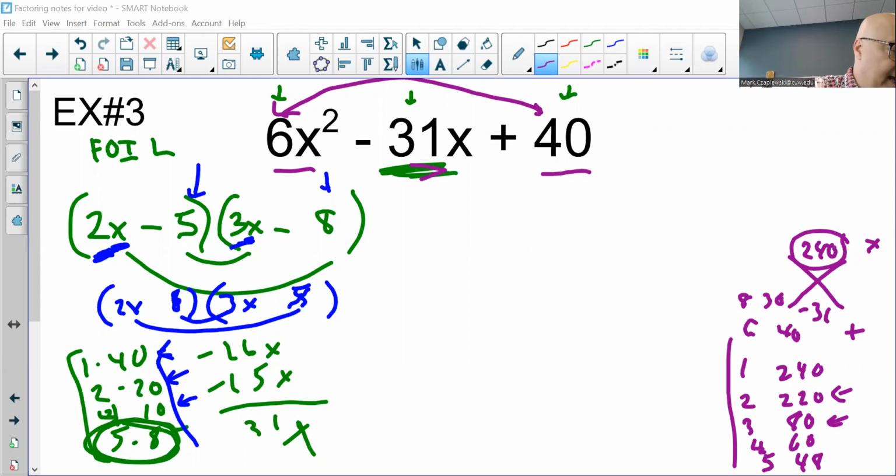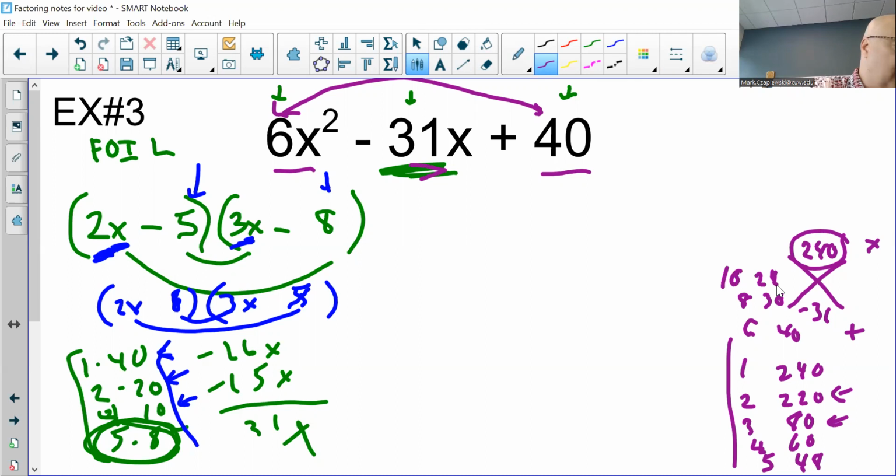Nope, that's a decimal. 240 divided by 10. Oh, I should know that one. 10 and 24. No, that's 34 if I add, but if I subtract, I get 14.